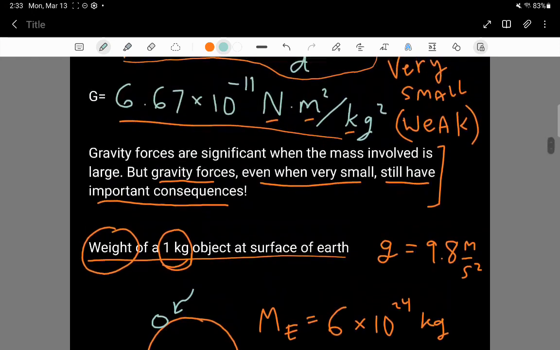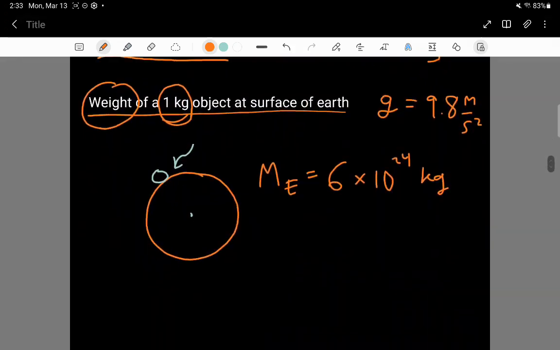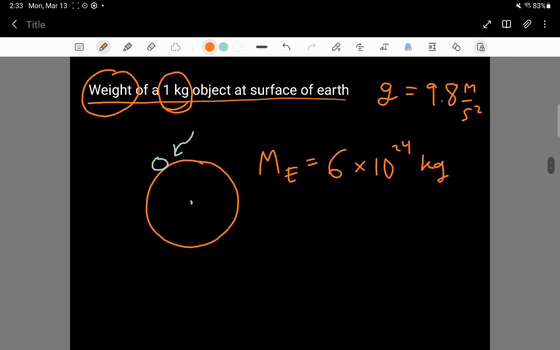So up in this equation, this distance, d, is between the centers. It's not between the outer surfaces, it's between the centers. Because this little 1 kilogram object is so small, the distance between the Earth and the little 1 kilogram object is essentially just the radius of the Earth.